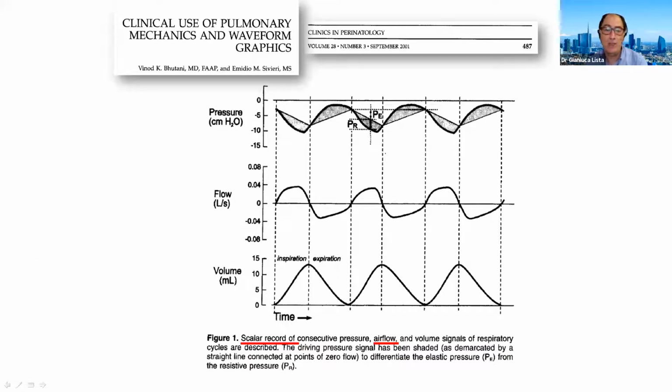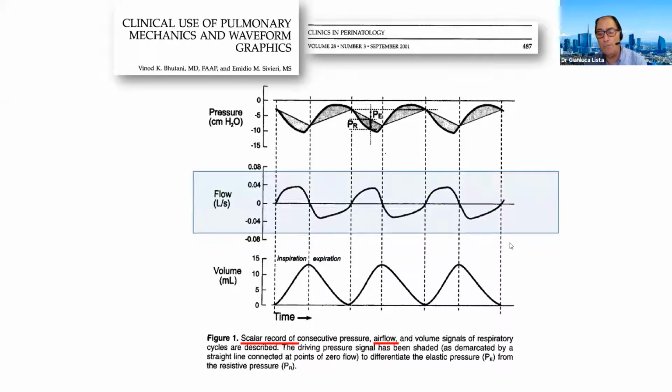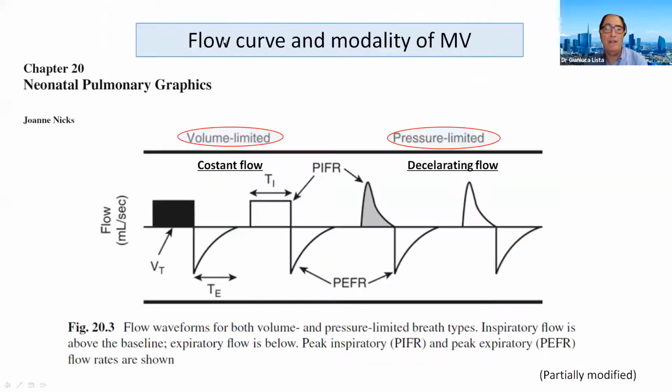I want to start by observing the scalar record of the flow. For example, the flow curve could help us understand which modality of mechanical ventilation you are using, because in the course of volume limited ventilation, the flow is constant, while during pressure limited mechanical ventilation, you see a decelerating flow.